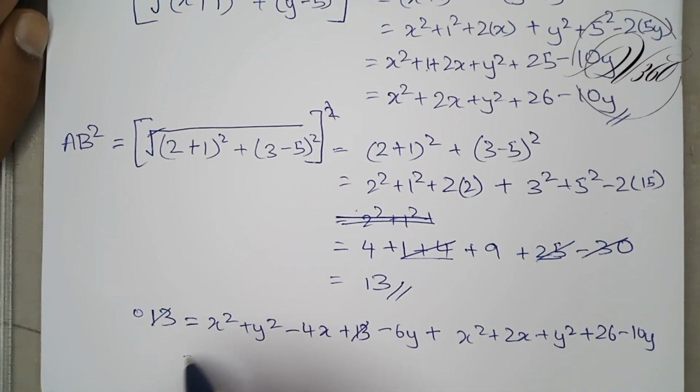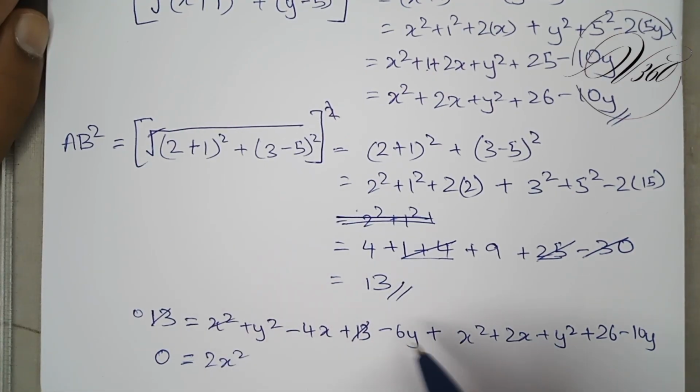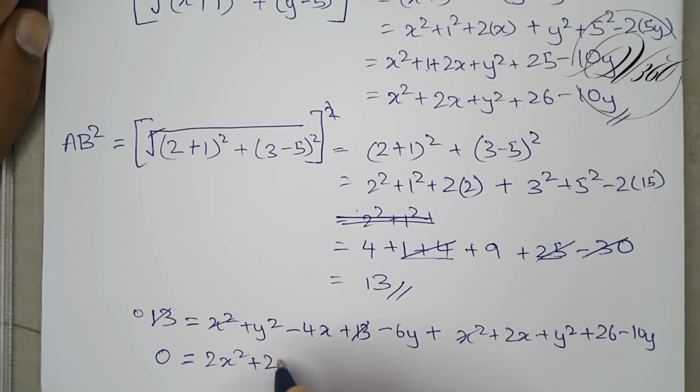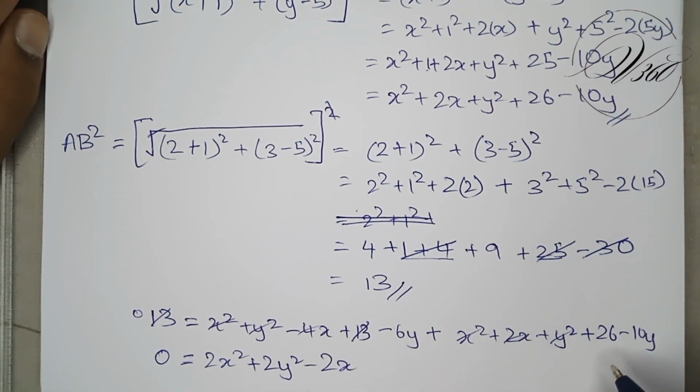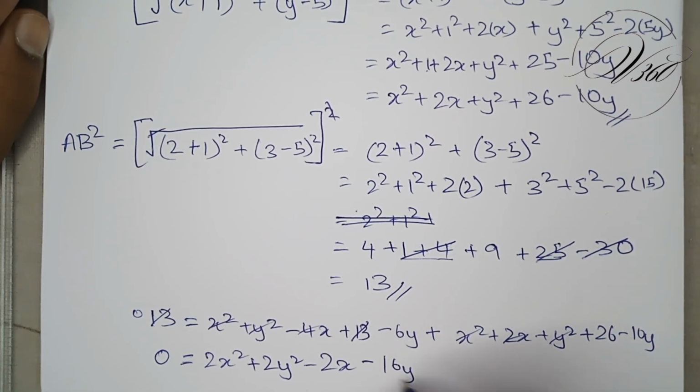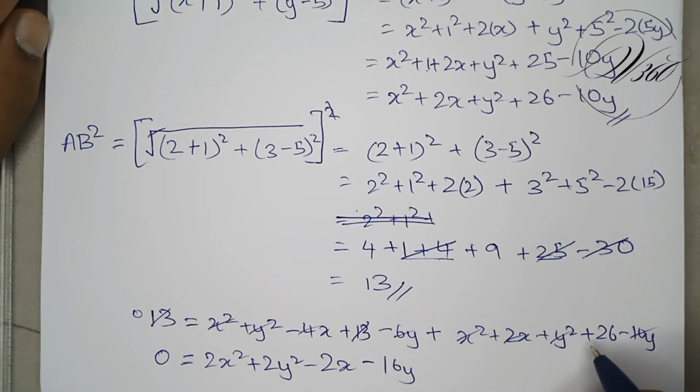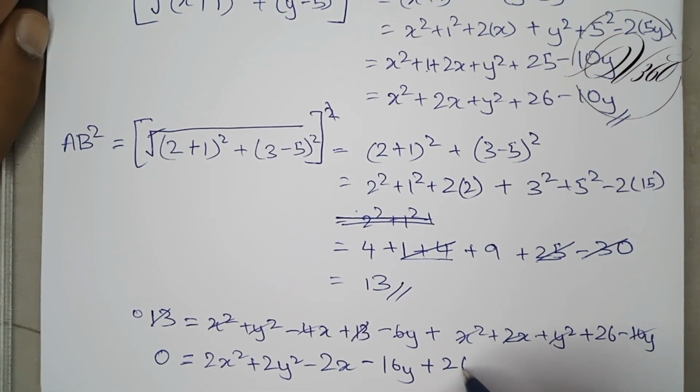Now here 0 is equal to x square plus x square, 2x square. Here this and this is done. Now y square plus y square, 2y square. This and this is done. Now minus 4x plus 2x minus 2x. These both are done. Now we'll get minus 6y minus 10y, sorry, minus 16y. This and this are done. Now remaining is just plus 26.